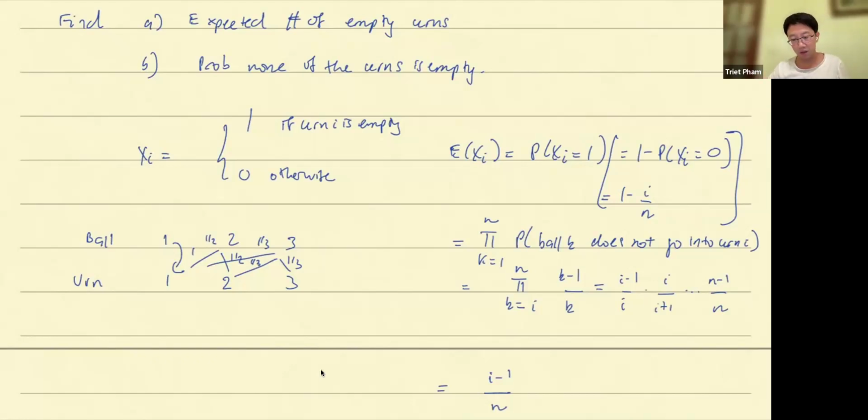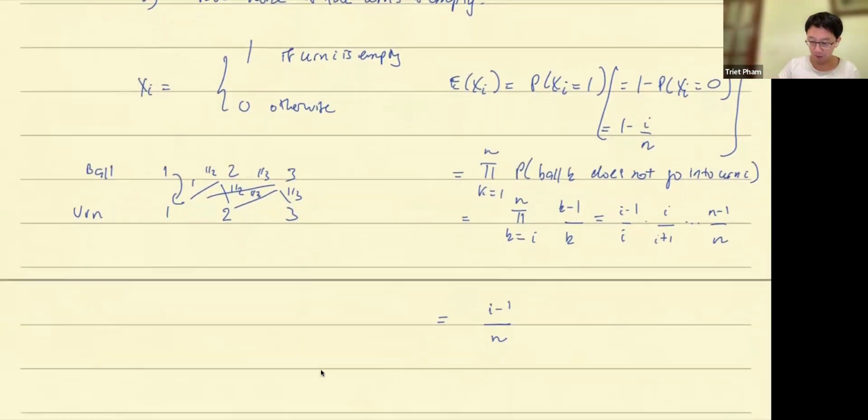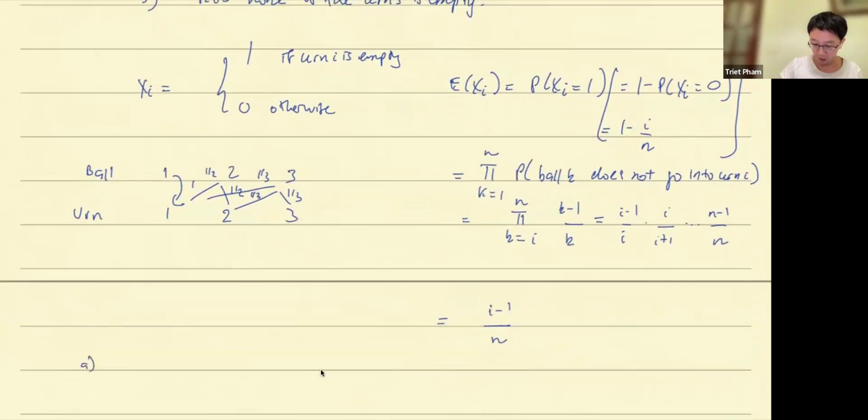And is that the answer here now? Oh, right, because now we have to sum up over xi. So the answer for A will be the sum of the expectation of xi.